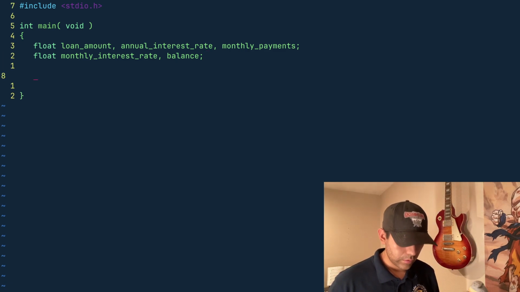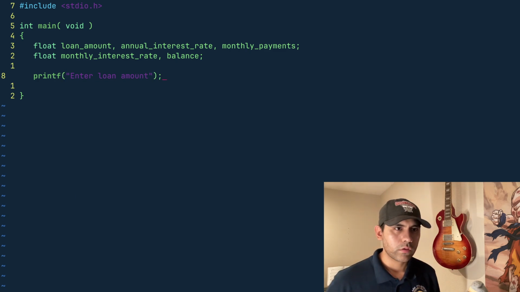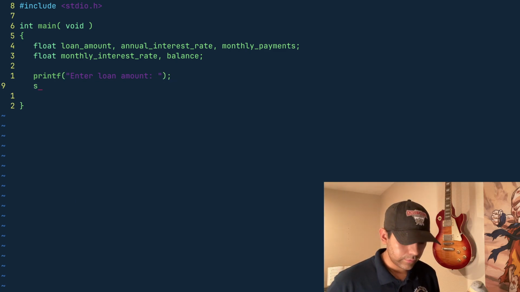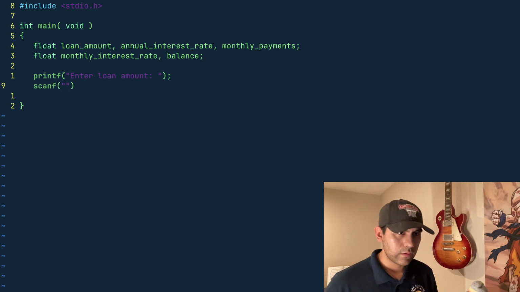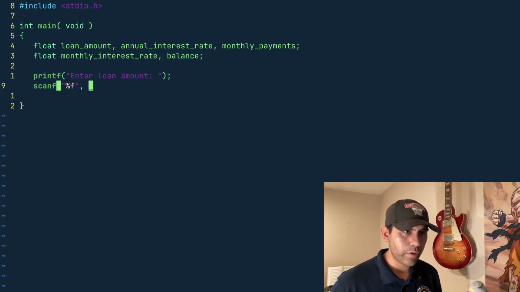So printf enter loan amount, new line, and then scanf, and it's going to be a float, and loan amount.